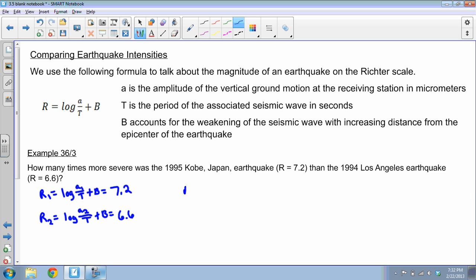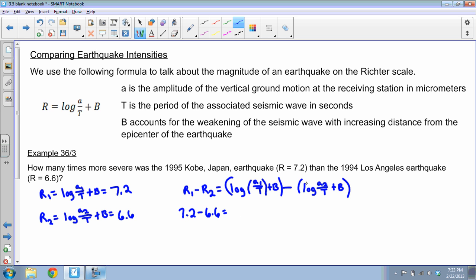We're going to subtract R1 minus R2, which means log of A1 over T plus B, this is R1 in the parentheses, minus R2, which equals log of A2 over T plus B. Let's put in R1 and R2: that's 7.2 minus 6.6.